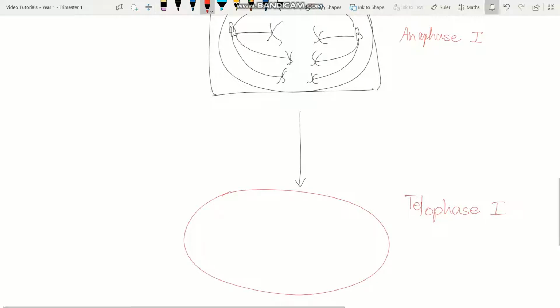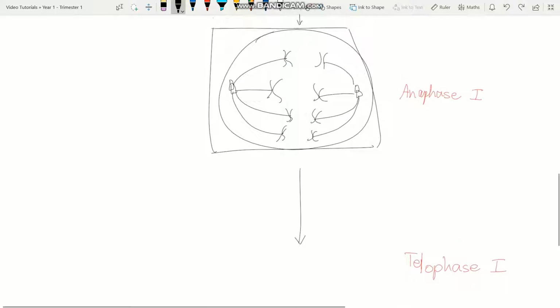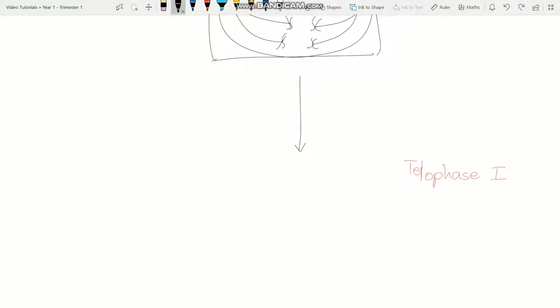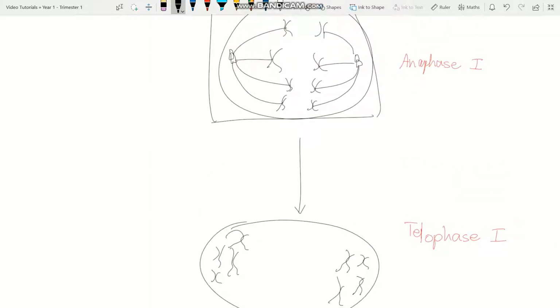So if we draw the cell, obviously it's going to get larger now because it's preparing to divide. And in telophase, the chromosomes somewhat relax, so I'll draw them a bit bigger than what they are, in a more disorganized structure. And there is no reformation of the chromosome or the nuclear membrane in any manner.